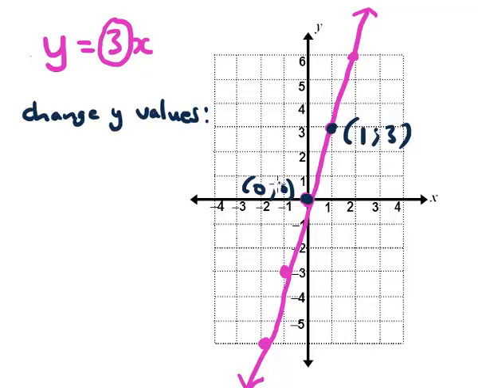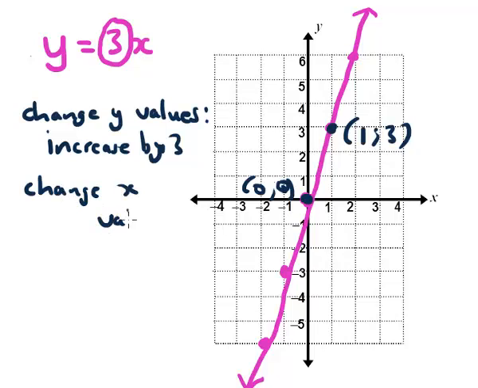Now the y values have changed from 0 to 3. So in other words, they increase by 3 from here to here. Then if you take the x values, what is the change in the x values? Well, have a look at this. The x's go from 0 to 1, so they increase by 1.